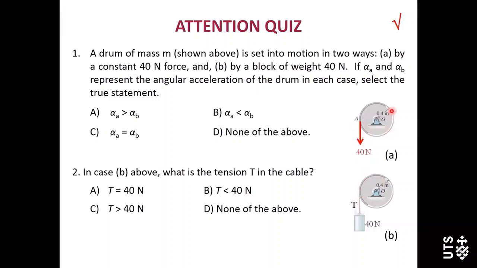Okay, now the angular acceleration of this drum in case A should be alpha A. In case B, it should be alpha B. So should alpha A and alpha B be equal or not equal?